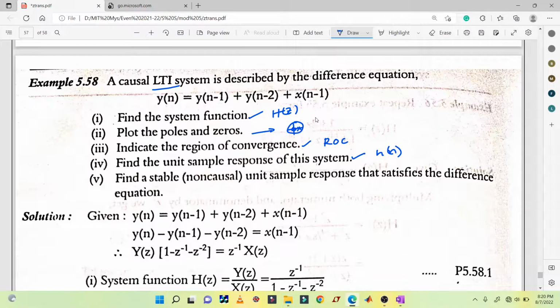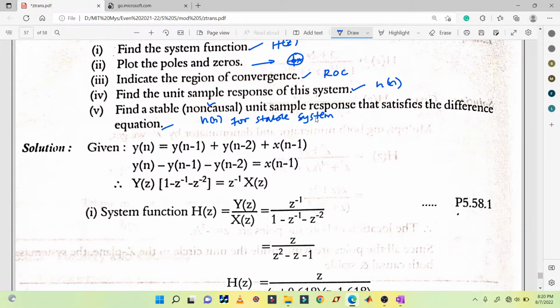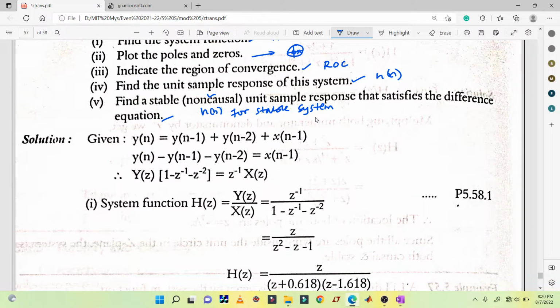Then find a stable but non-causal unit sample response that satisfies this difference equation. So finally, we need to find out h of n for a stable system. Okay, these are the 5 points we need to find out. So clearly, I can explain it from here itself.